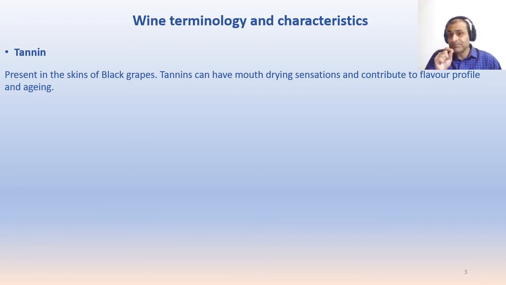You would have noticed that most of the wines in the market that are aged for 10 years or more, or maybe 5 to 8 years, are generally red wines, because they contain tannin, and tannin acts as a preservative and helps them age better. So tannin is extremely important for the structure of the wine, and for acting as a preservative, which helps the wine mature for a longer time.